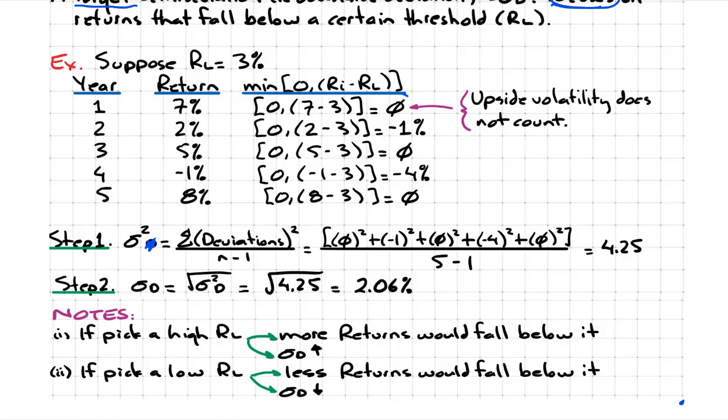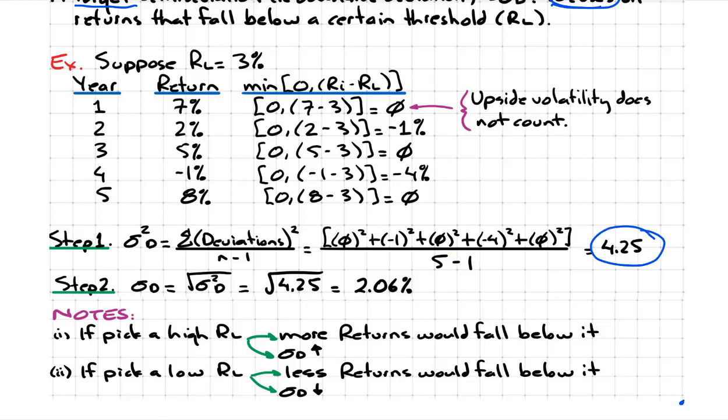So here's what you got. Here are all these numbers, and you find their squares. You can see the only numbers that are registering are the observations that fell below our target, because 0 squared is just 0, so it doesn't count for anything. Now the denominator for target semi-deviation is the same as for ordinary standard deviation. It's just going to be n minus 1, which in this case is 5 minus 1.